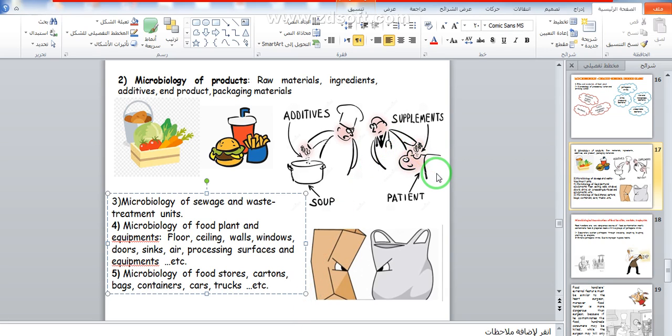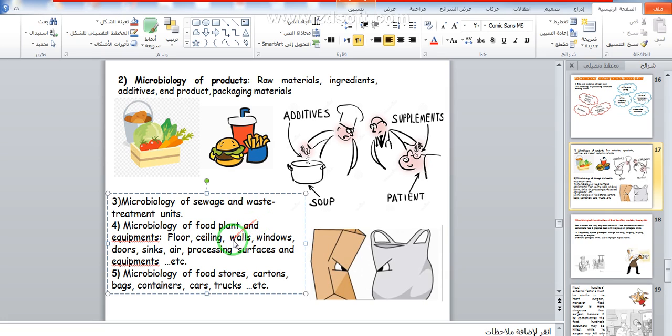The second section is the microbiology of products. We must examine raw materials, ingredients, food additives, and product packaging material. In the microbiology of sewage and wastewater treatment unit, we must examine it.